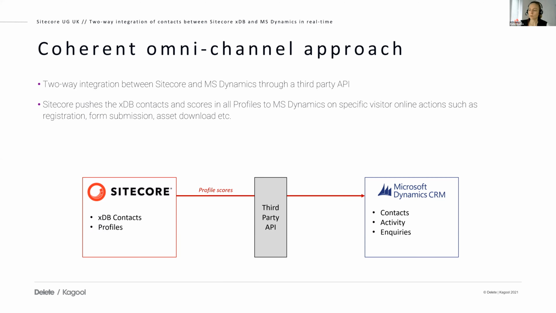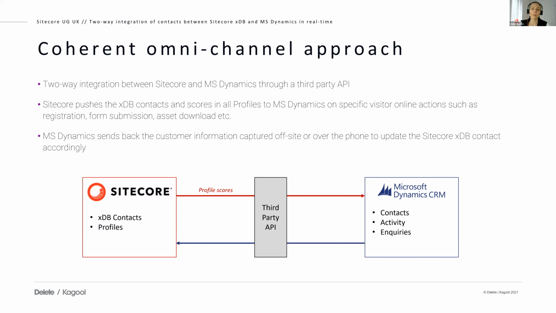And in Microsoft Dynamics, we have contacts, offline user activity, and queries captured during telephone calls or physical visits into a branch. And the blue arrow shows how we push this data from CRM to Sitecore. And as Polly mentioned earlier, more complete customer information helps us to deliver more accurate personalization on the website.